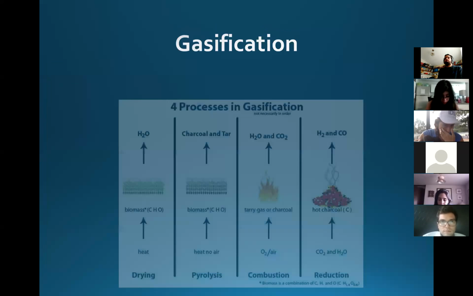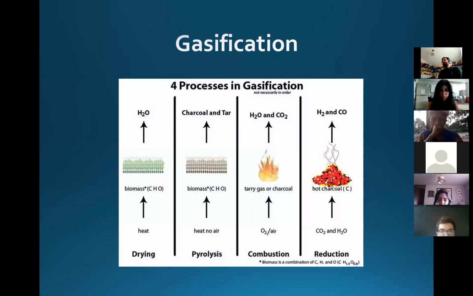The first process, as we said, is drying. For that, if you're going to use a biomass, for example, you could use the sun, or you can use a stream of hot air to dry it. Then the only thing we're going to have is the biomass, this green thing over here, and we put heat on it, and we obtain as a product just evaporated water.